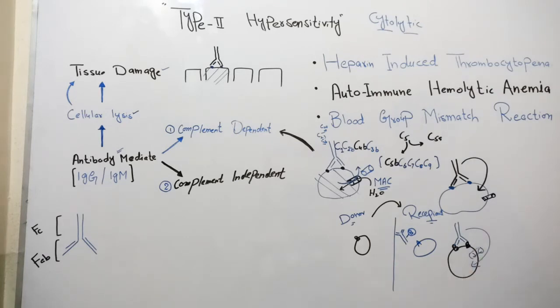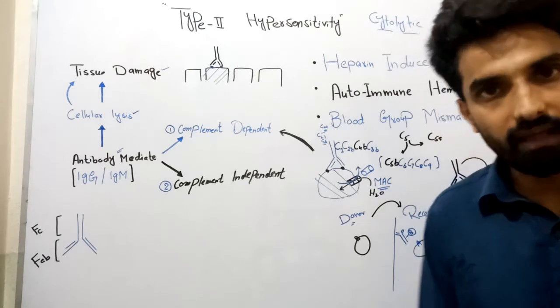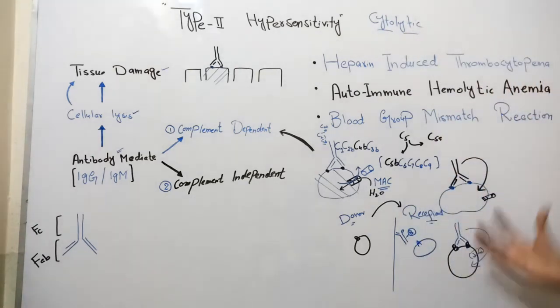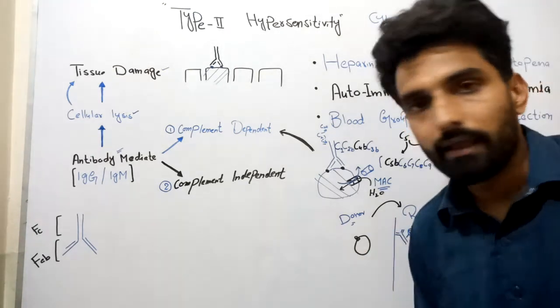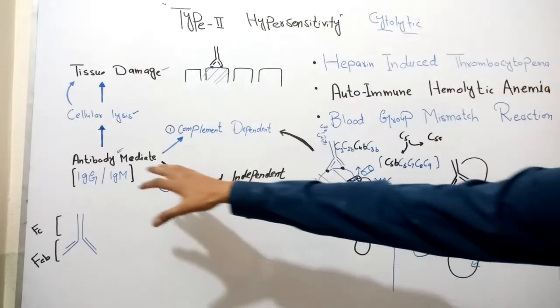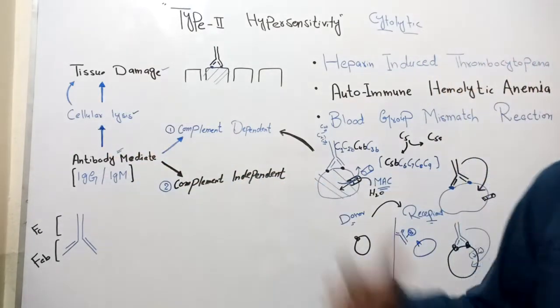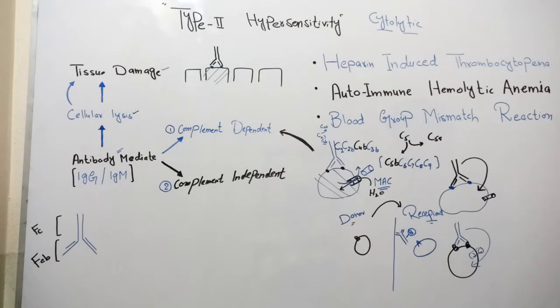In this way, the blood group mismatch reaction is also an example of type 2 hypersensitivity reaction, in which cellular lysis is going to happen because of antibody. So we can say antibody mediated cellular lysis.